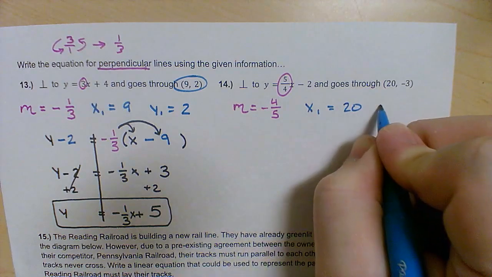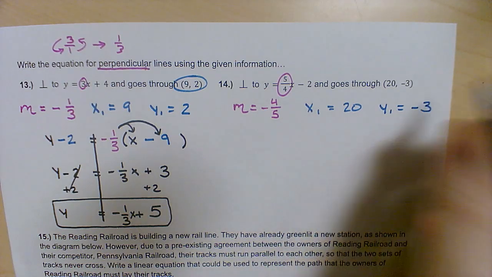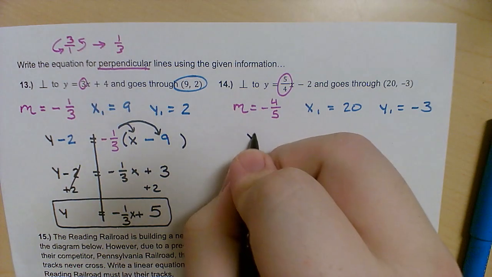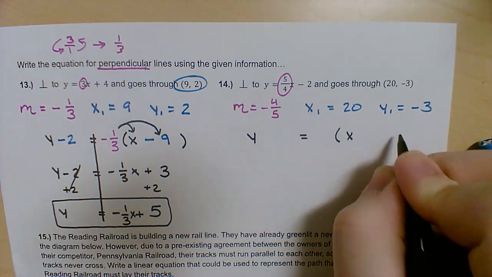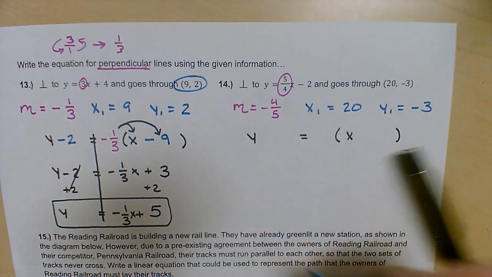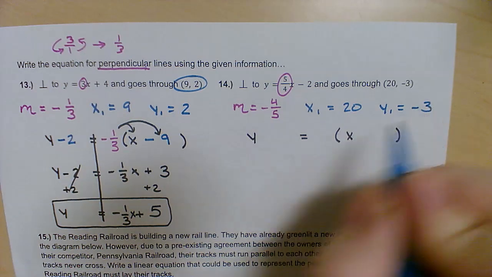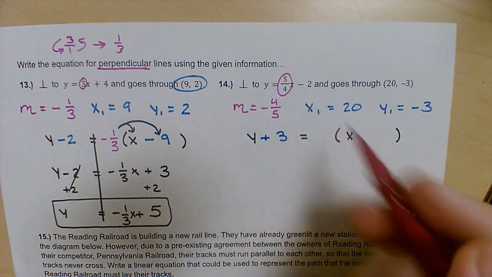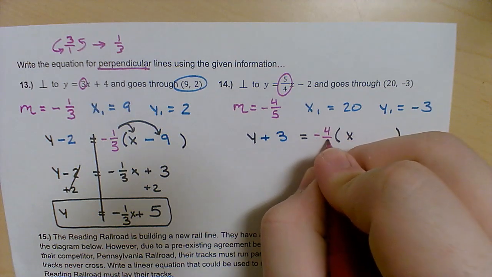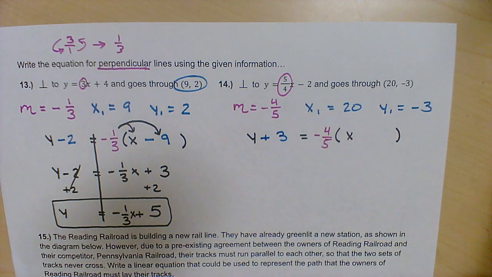X1 is 20, Y1 is negative 3. So Y minus Y1 equals M times X minus X1. That's going to be Y plus 3 equals the perpendicular slope, negative 4/5, times X minus 20.